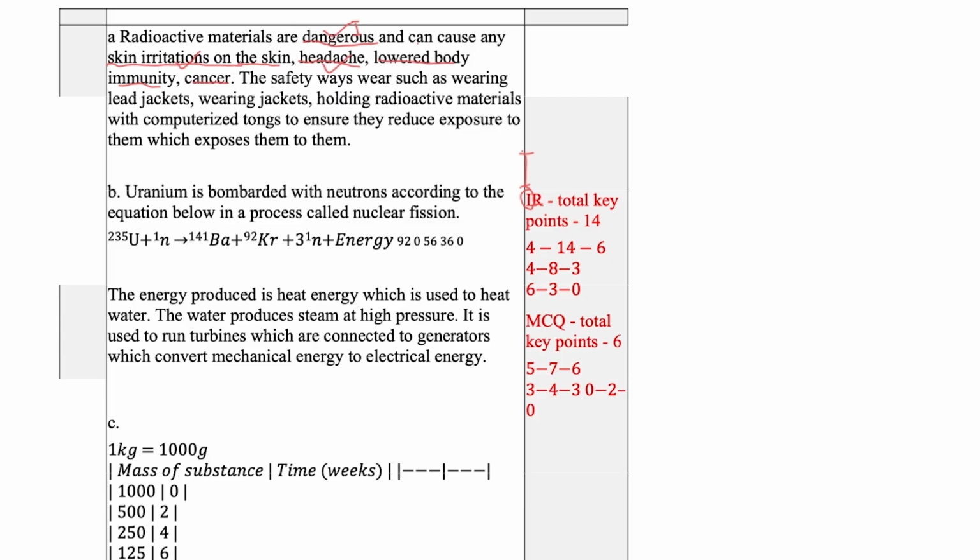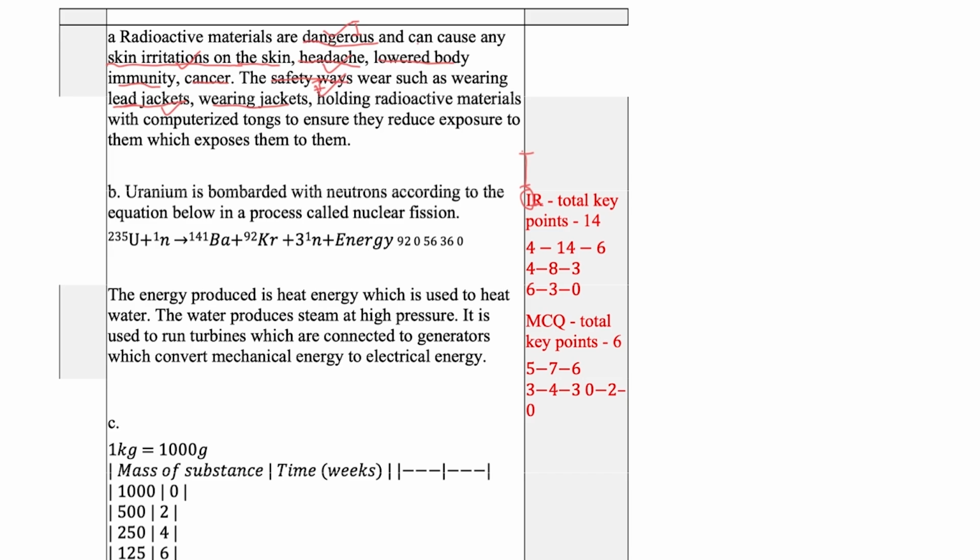The safety ways were such as wearing lead jackets. So now here we are identifying our safety ways. And this mark of identifying the safety ways is wearing lead jackets, also that is another reasoning mark.